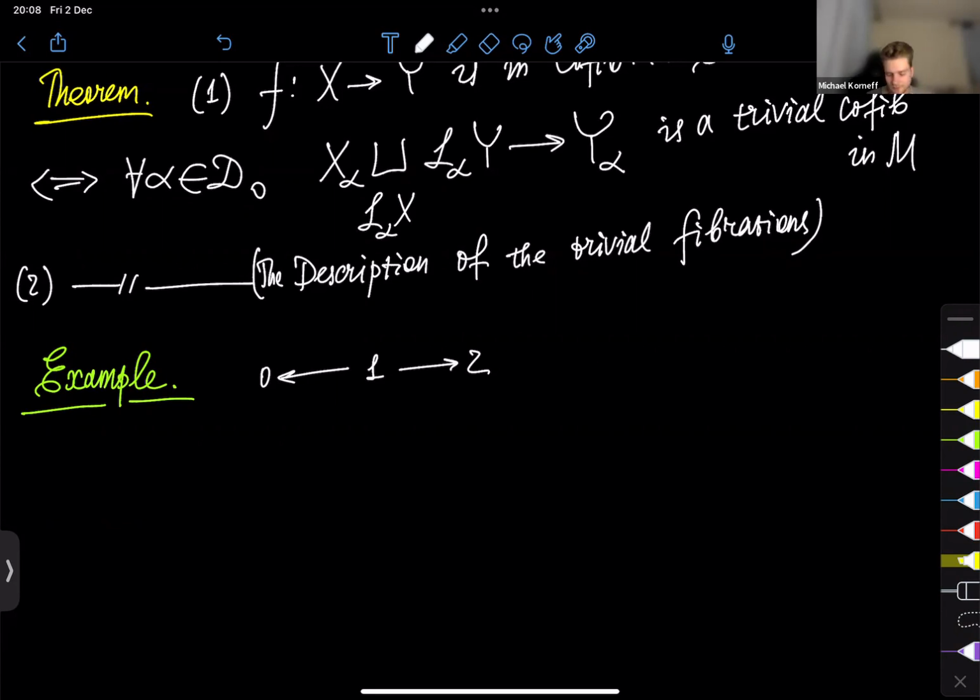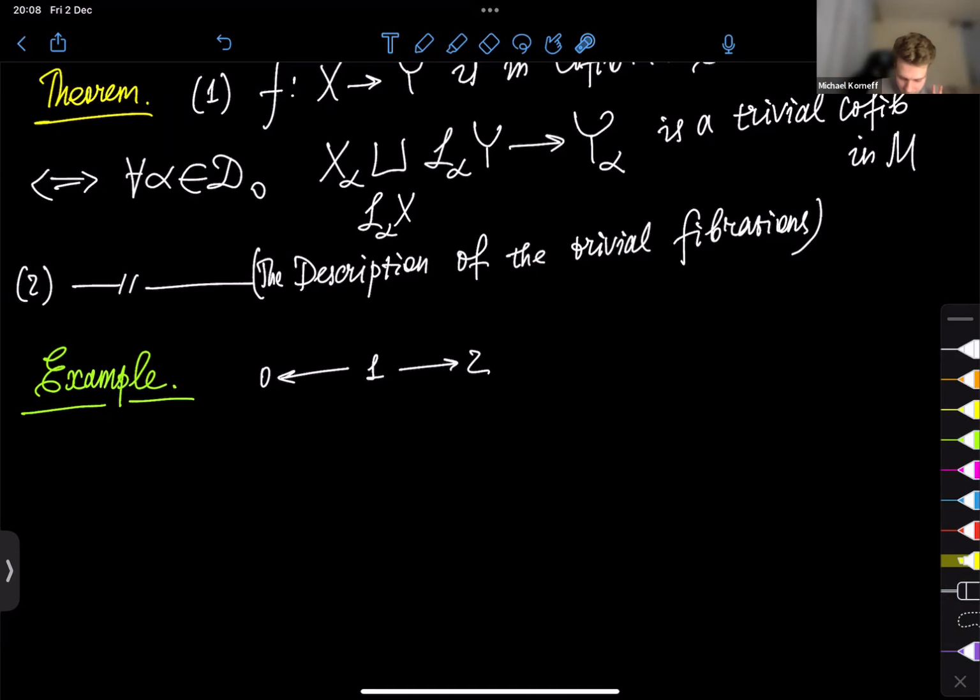And we will map this diagram into some model category, and after that we want to construct the homotopy push-out, and the homotopy push-out will coincide with the usual push-out if some non-restrictive conditions are satisfied.